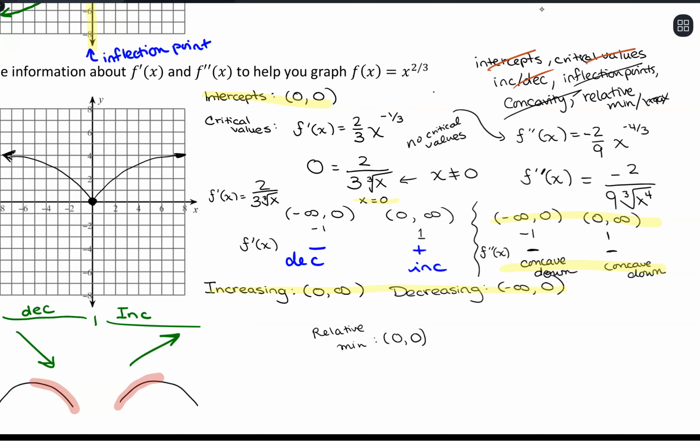At x equals 0, there's technically no concavity, so how I would write the interval for concave down would be negative infinity to 0, union 0 to infinity using parentheses, because at x equals 0, there technically isn't concavity. And then, so that gave us our graph, and then we could see from the graph that relative minimum.